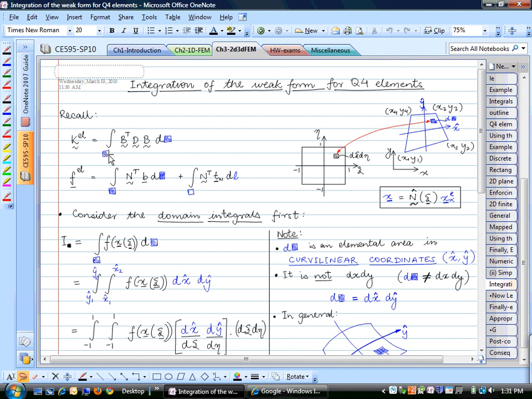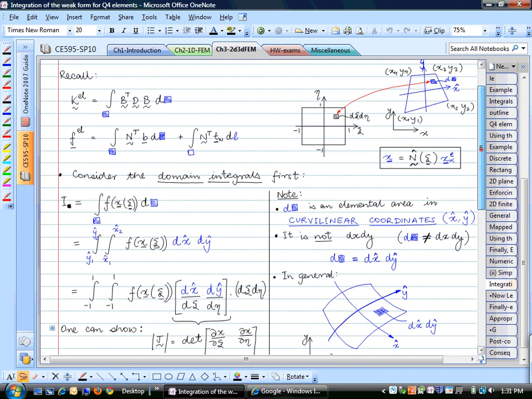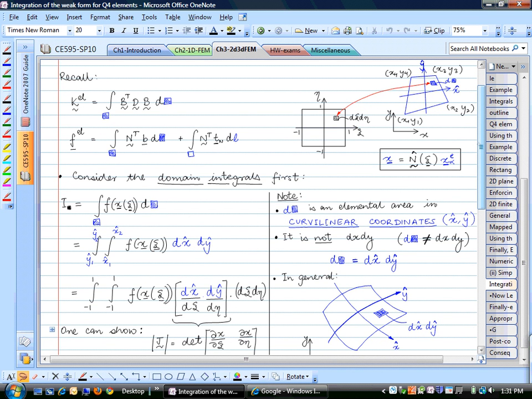We saw a couple of types of numerical integration in one dimension, the trapezoidal rule, the Simpson's rule, and we also saw that the Gauss quadrature is the one that allows you to integrate a polynomial of a certain degree exactly.